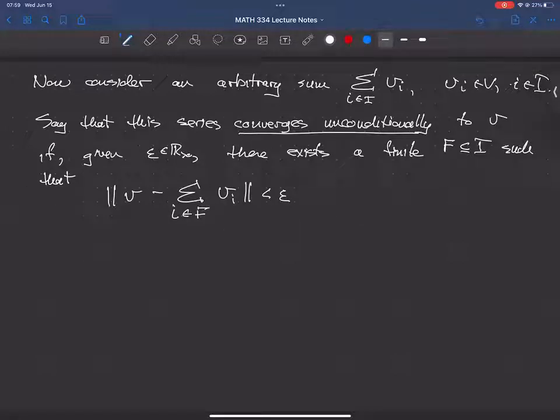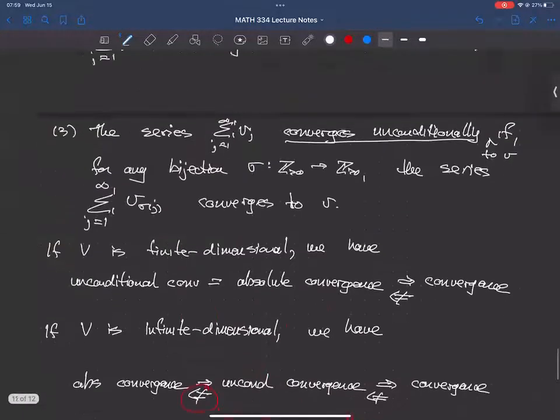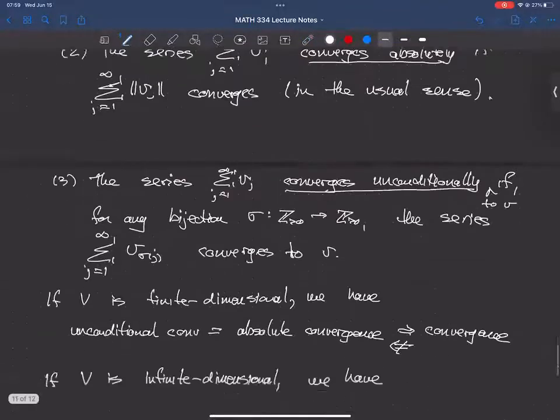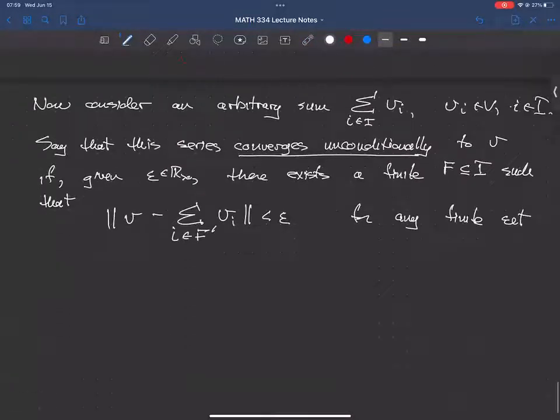Okay, so you want to mimic kind of what's going on here, and so we talked about finite sums over sets F prime, and the set F prime should be larger than F. Like this.